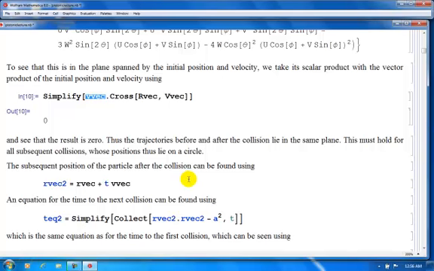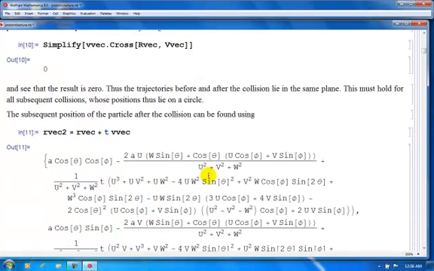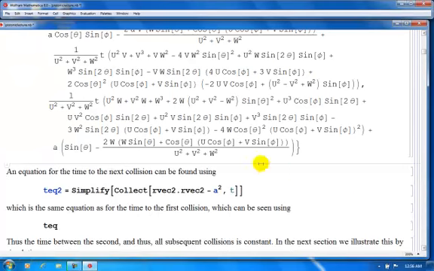Now we start there and we do another collision. The parametric equation of the trajectory after the collision is given by the position of the collision plus t times the velocity vector. So we calculate that, and that looks pretty horrible, but it doesn't matter. Now we can find an equation for the time to the next collision using that.